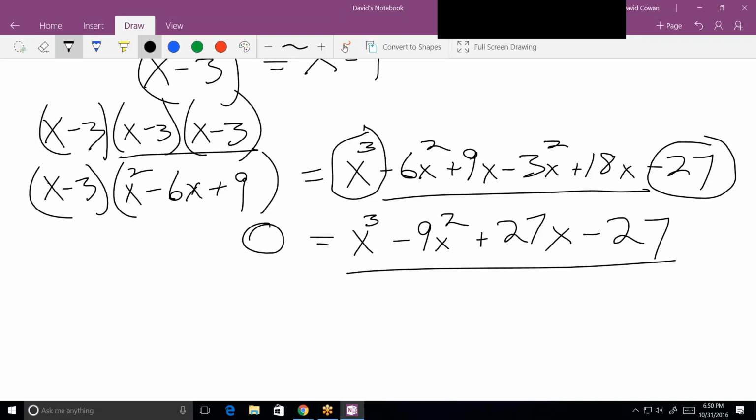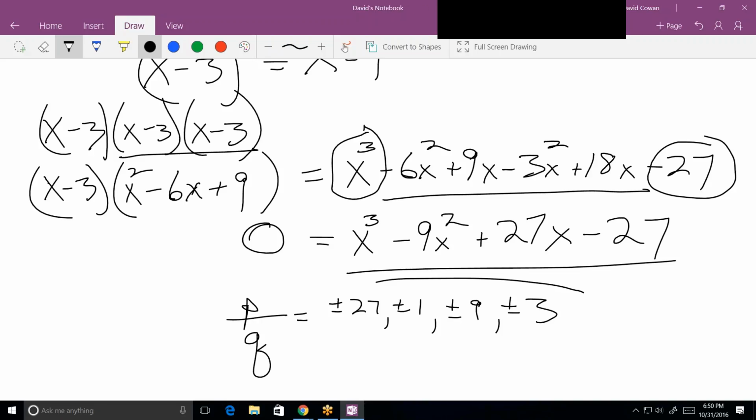Because if we have to do this by hand, we're looking at a P over Q situation, and P are all factors of 27, so it's plus or minus 27, plus or minus 1, plus or minus 9, plus or minus 3. That's all of our possible answers, because Q is just plus or minus 1.